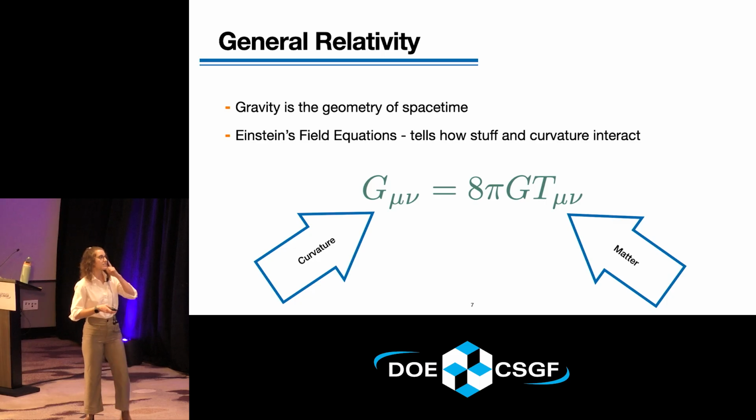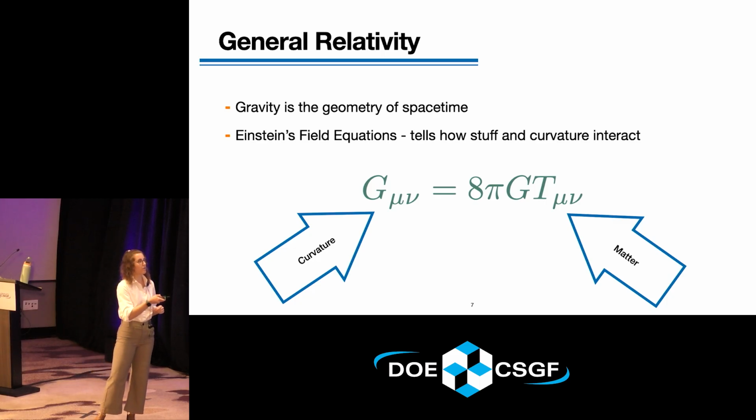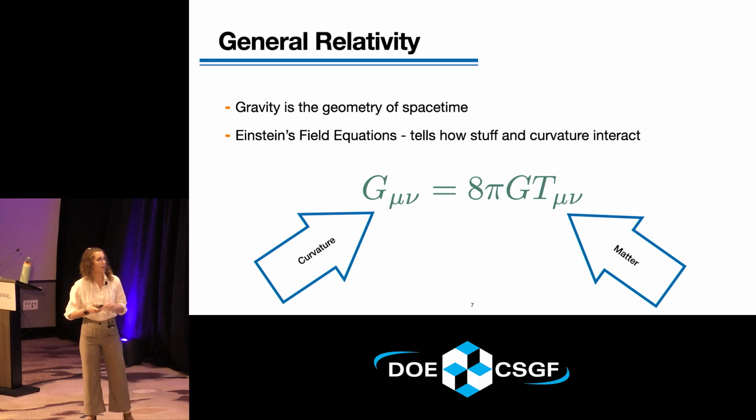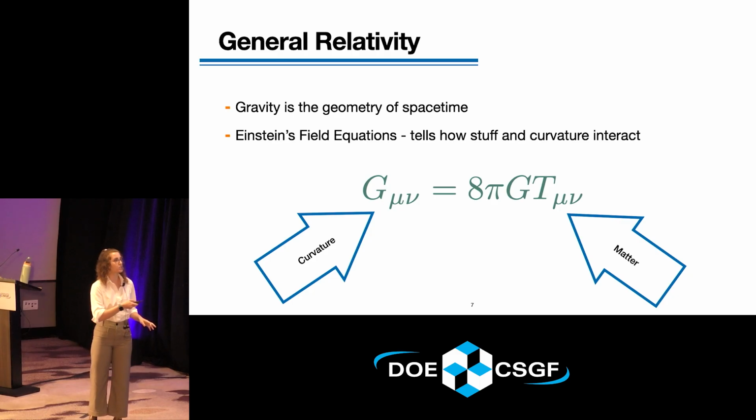But this one here tells us the curvature, which is somehow encapsulated in this quantity g mu nu. And the mu's and the nu's are indices. Technically, this is a tensor equation, which is kind of like matrices. But we won't care about that for now. We'll just say, OK, curvature is somehow encapsulated in this quantity, and matter, the stuff in our universe, is in the t mu nu quantity.